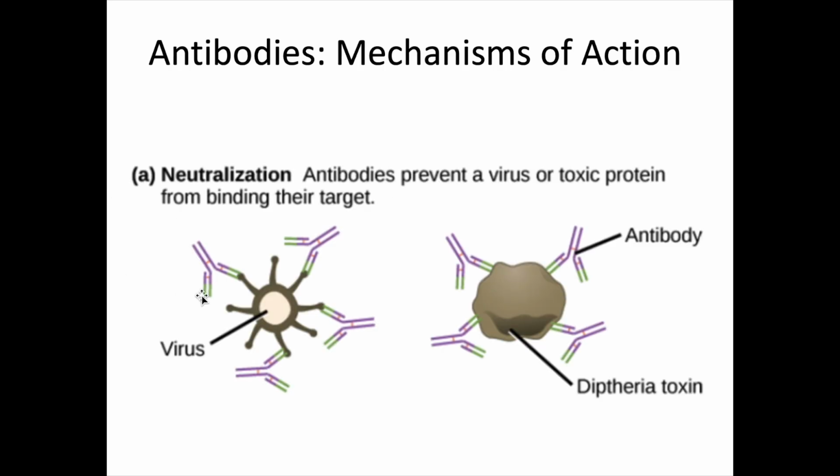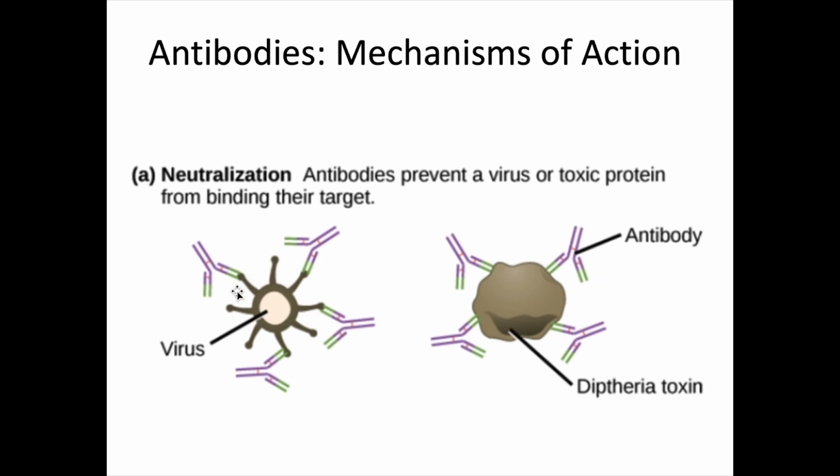But what do the antibodies actually do? How does this Y-shaped protein help us? Well, there are a couple of different ways that antibodies can help us. One of them is they can neutralize viruses or toxins. So you remember from our virus chapter way earlier in the quarter, the first thing this virus has to do in order to infect a cell is attachment.